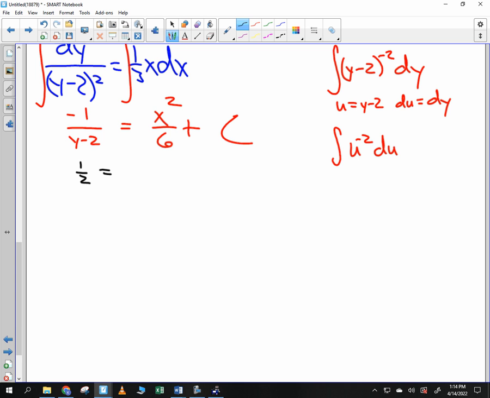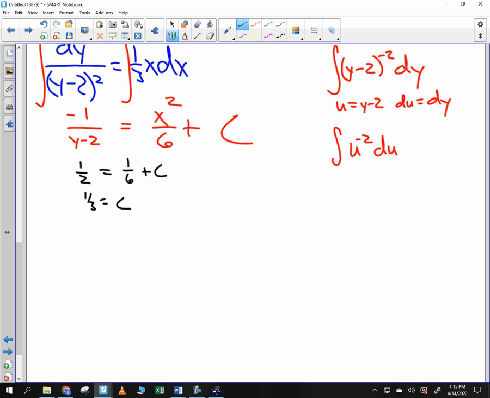What goes in for x? 1, so I get 1/6 plus c. What do I do to both sides? I subtract, right? And I get 1/3 is equal to your constant.